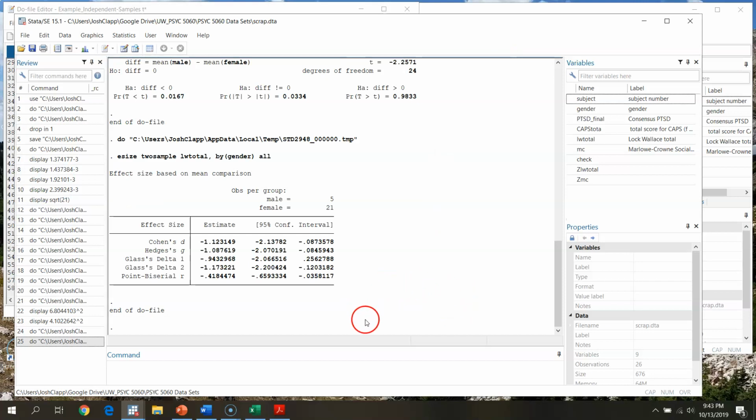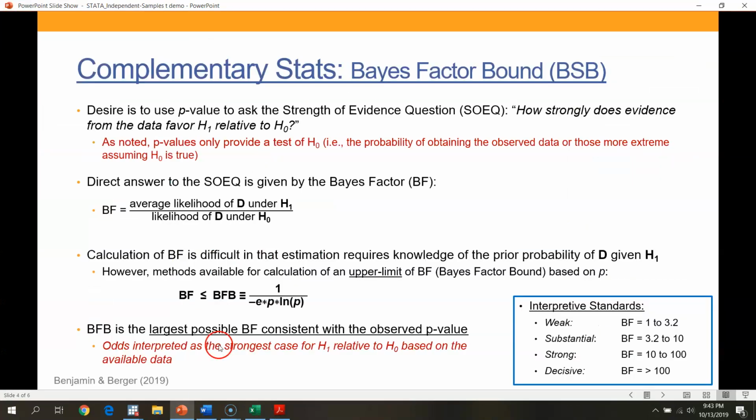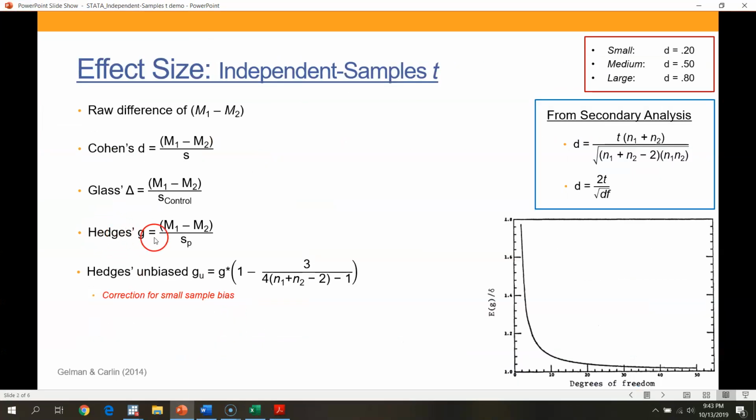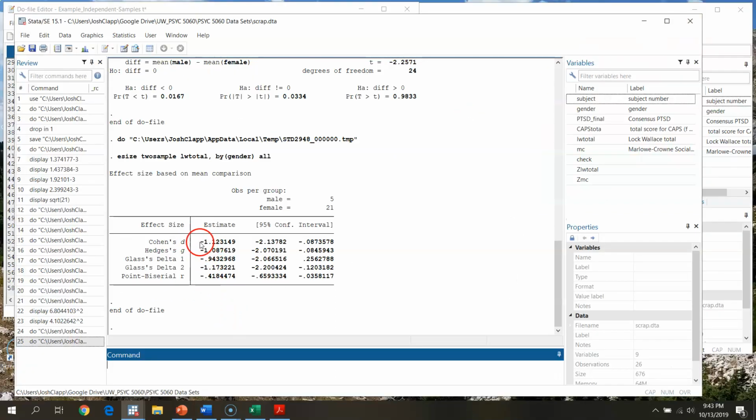What it does is it gives me an effect size for Cohen's d. Now, what Stata is reporting as Cohen's d is actually Hedges' g. Okay, so this first column here is Cohen's d, or is Hedges' g. This second one that's actually called Hedges' g is Hedges' unbiased g.